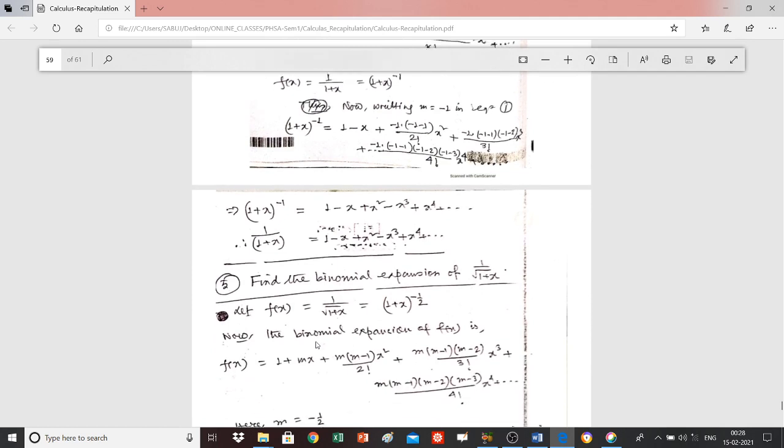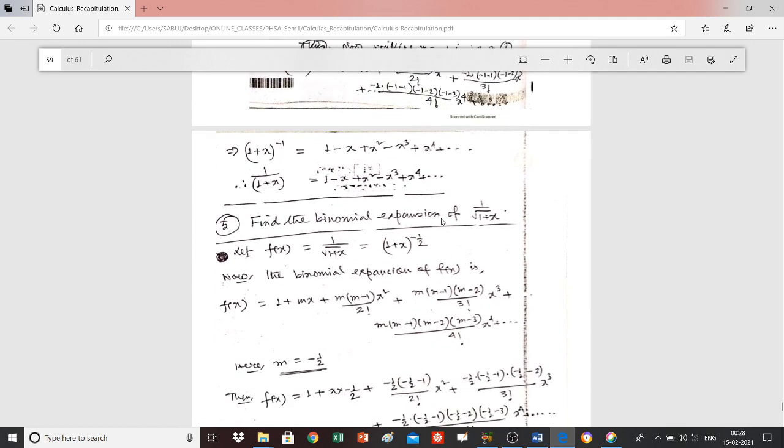Now another one is here, binomial expansion. We have to find out the binomial expansion of 1 by square root of (1 plus x). The function is given here as 1 by root over (1 plus x), that is (1 plus x) to the minus half.